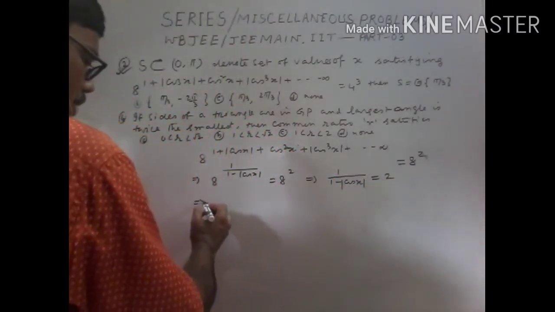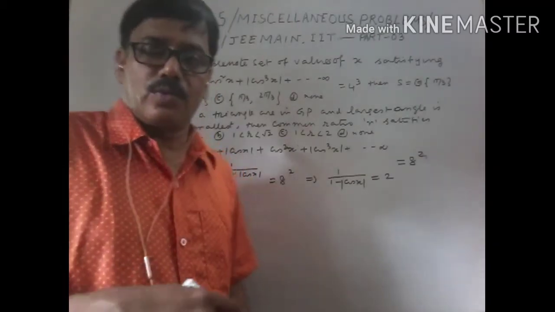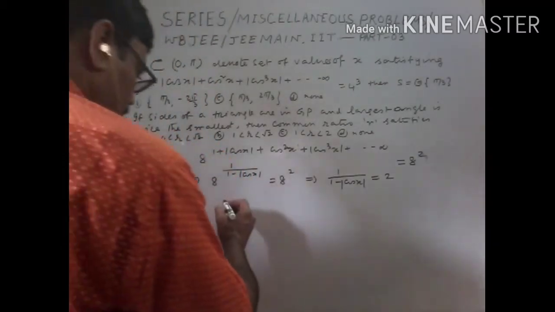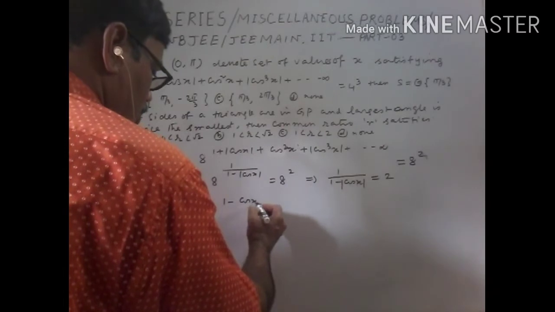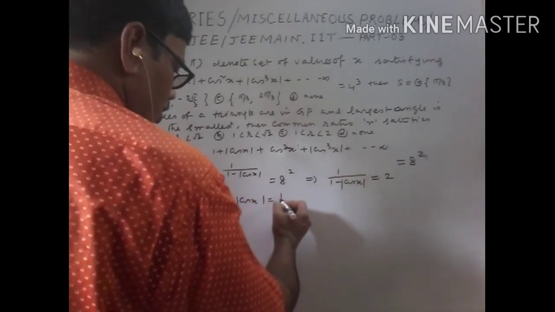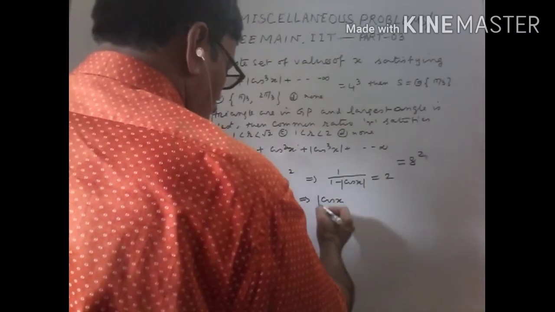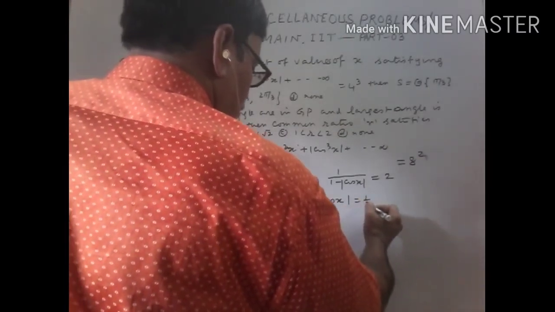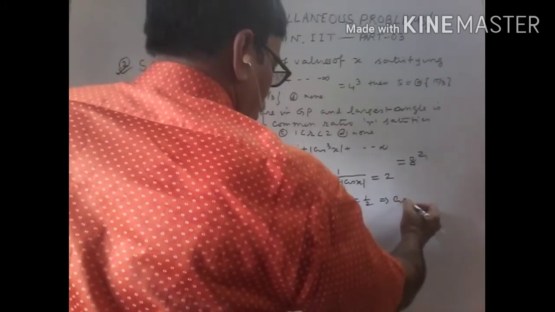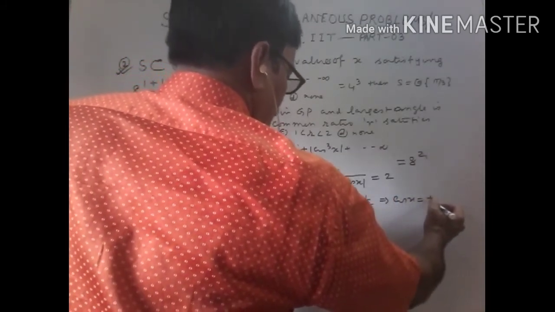If we take the reciprocal, our main aim is to find cos x, so 1 minus mod cos x is half. This implies mod cos x equals half, so cos x equals plus minus half.